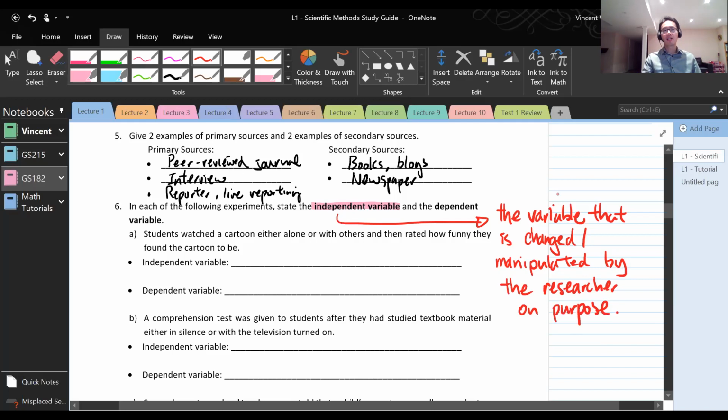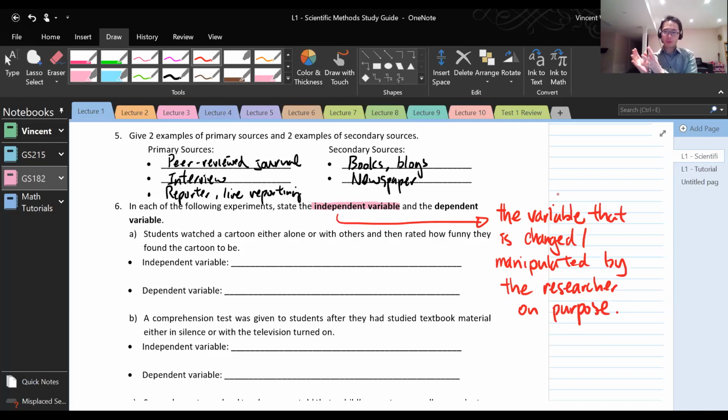Okay, so first of all, a variable is something that can be changed. Opposite of a variable is a constant. So there are some things you want to change in experiments, and then there are some constants that you want to keep unchanged. So the variable that you deliberately change in an experiment, that is what we call the independent variable.